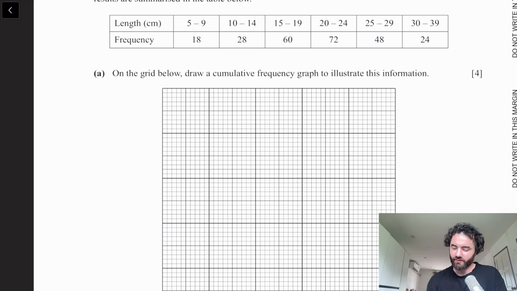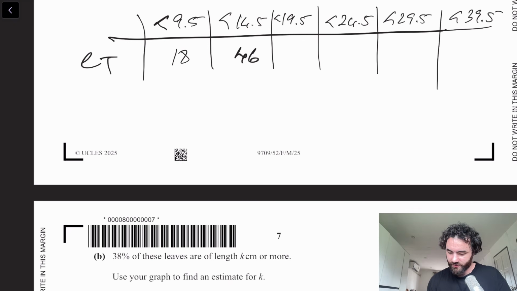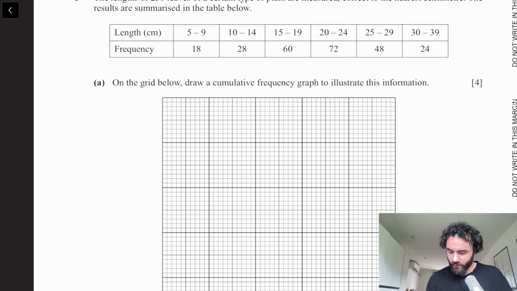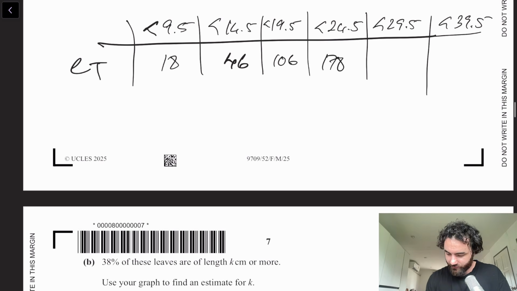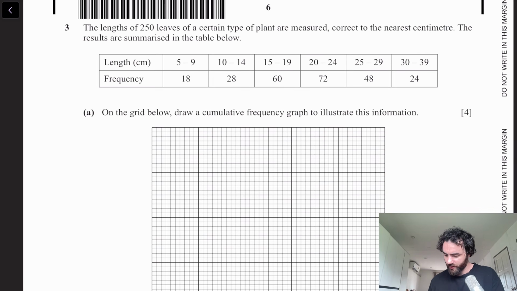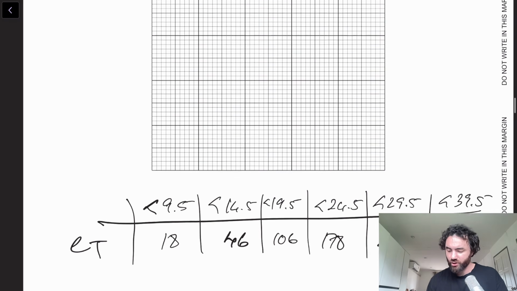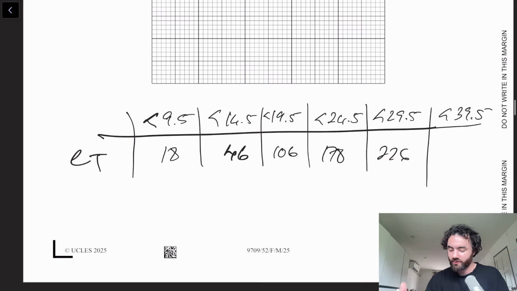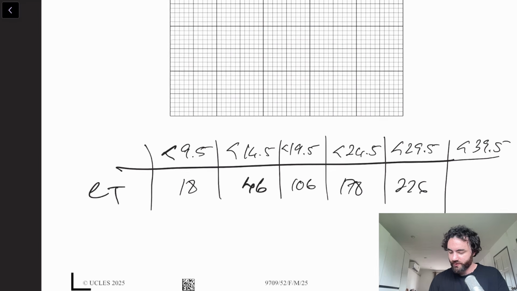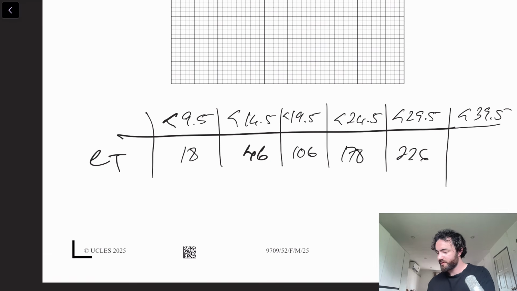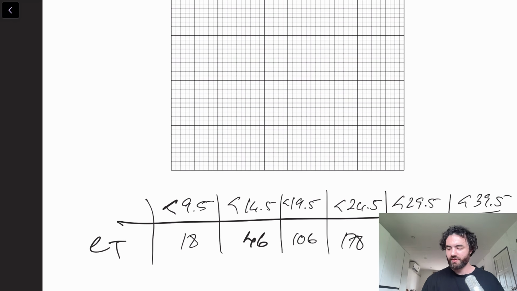Then we have 60 here, so 46 plus 60 is 106. And then to this one, we add the frequency, plus 72 is 178. And then plus 48 is 226. Okay, so it's cumulative frequencies, accumulating. You're adding the frequencies together. And then this last one plus 24 is 250.